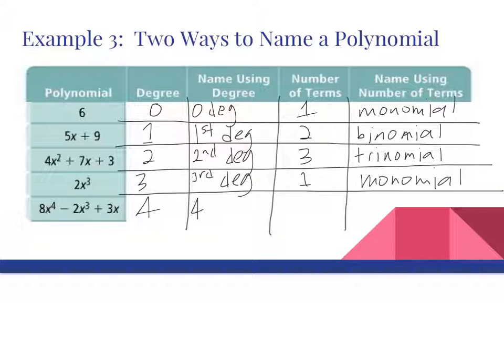So that's a fourth degree polynomial. We have 3 terms, so it's a trinomial. Generally, after trinomial, we just call them polynomial. Another way to say that, however, is you also can just use the number of terms and the degree and say it's a fourth degree trinomial.